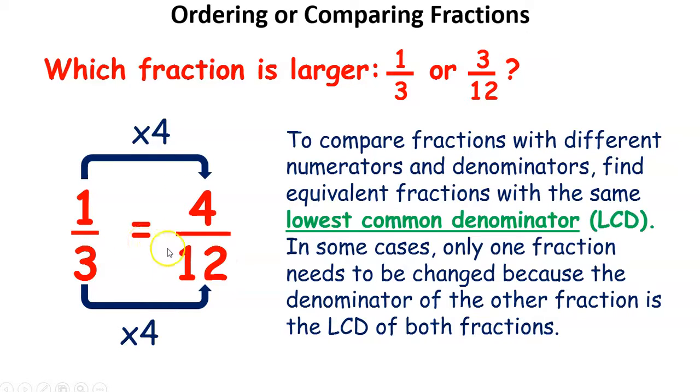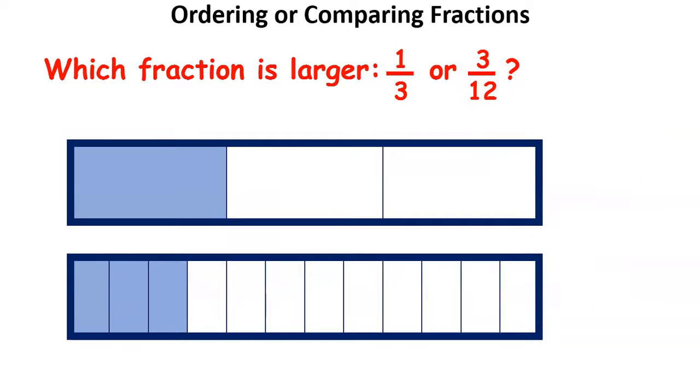These are equivalent, they are equal. It's easier to compare 4 twelfths with 3 twelfths to determine which one's bigger. Okay, I've got 4 parts out of 12, or I've got 3 parts out of 12. And we know that if the denominator is the same, if my numerator is larger, that means it's a larger fraction. Let's have a look and see what it looks like graphically.